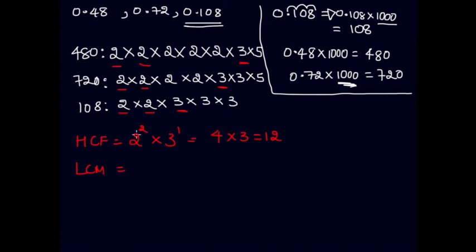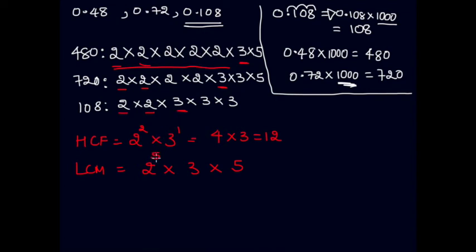LCM is equal to, first let's list out all the different factors, 2, 3 and 5. 2 is repeated maximum looks like in 480, which is 1, 2, 3, 4, 5.